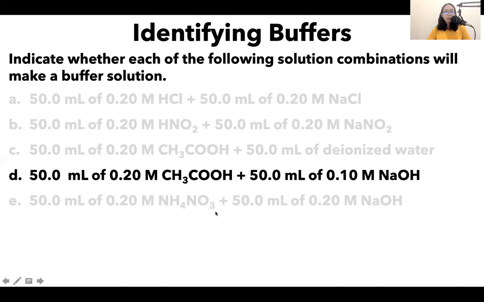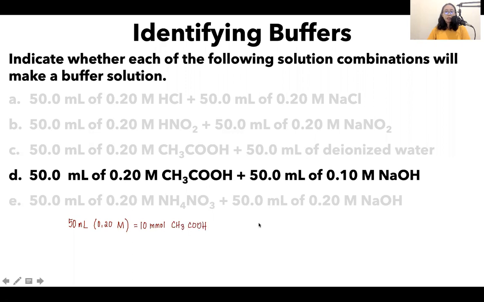So in this case, you will still end up with a buffer because 50 ml times 0.2 molar will give you 10 millimoles of acetic acid.